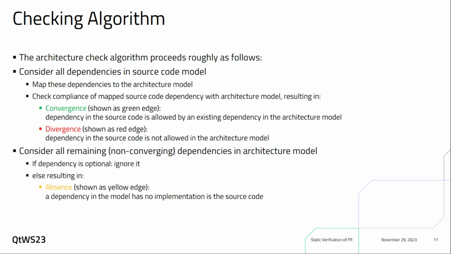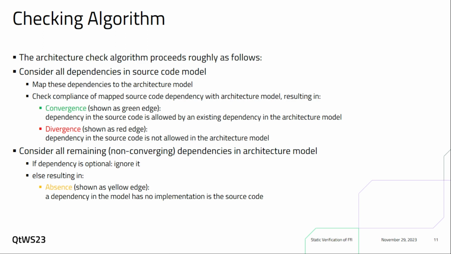So the result may be convergence. There is a dependency in the implementation, and it's supposed to be there. So this is good. We show a green edge, convergent. Or we may have a dependency in the implementation, but that shouldn't be there according to the architecture. So it's a divergence. We show a red edge.